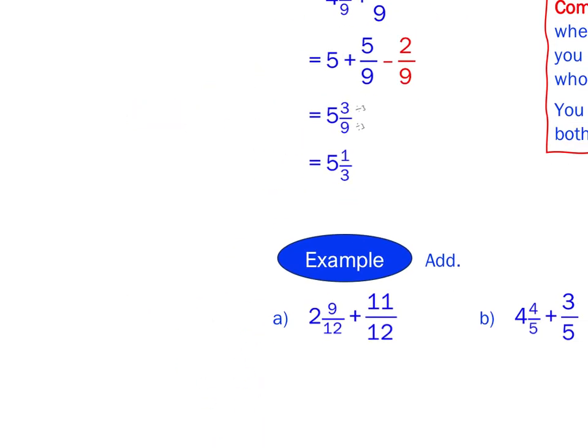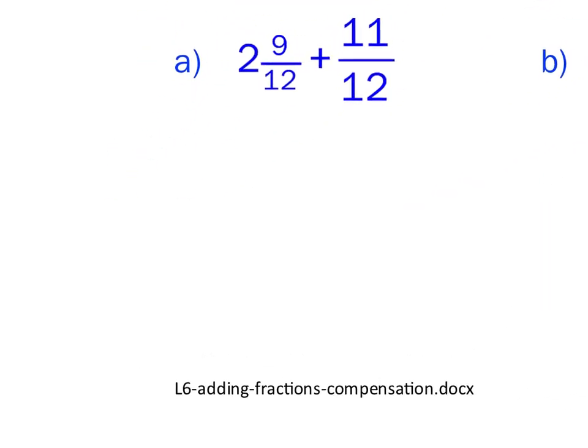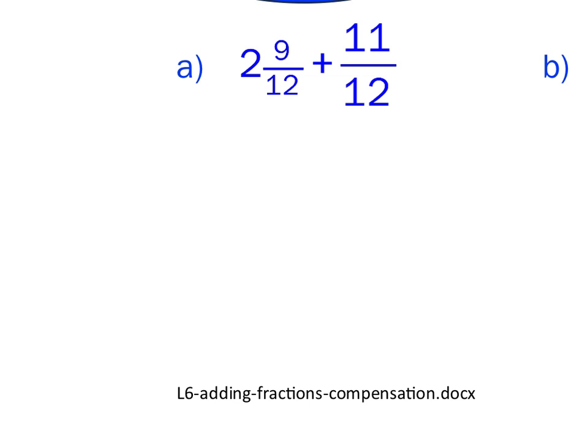Okay, so now let's do a couple of examples together. If we have 2 and 9/12 plus 11/12, I said that we can do it at the same time, so let me illustrate what I mean by that. What do we have to add to the 9 here to make a whole? Macy, what do I have to add to 9/12 to make it a whole?